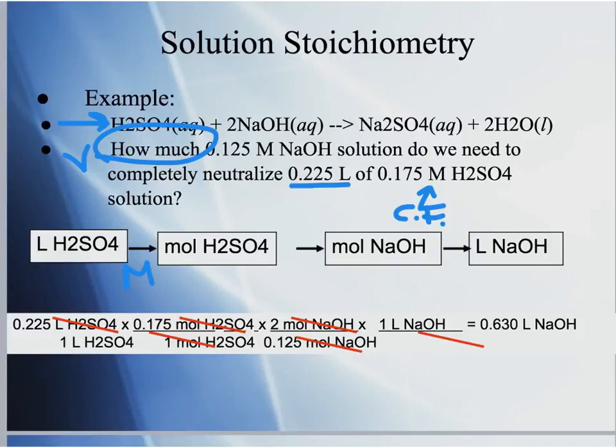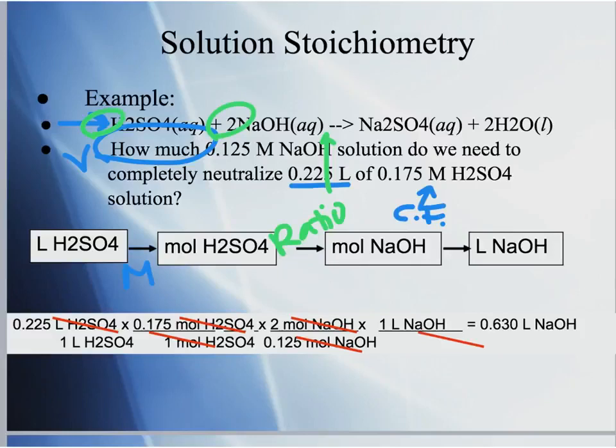And then we can use our mole ratio from the equation up here to go from moles of H2SO4 to moles of NaOH. So that's a 1:2 ratio.